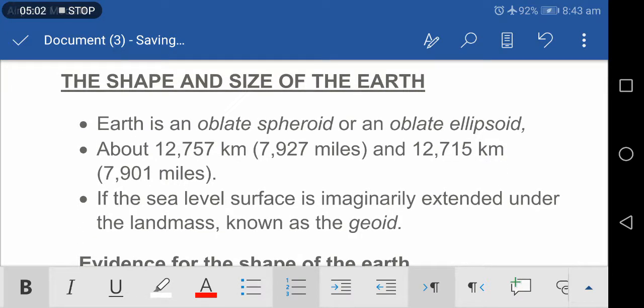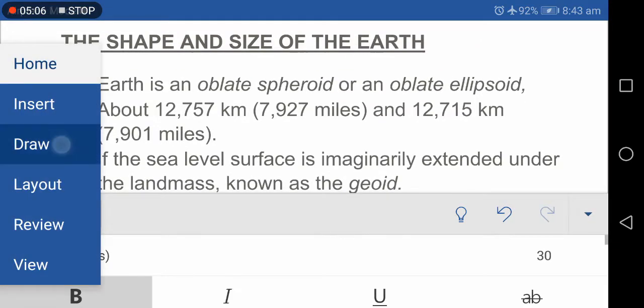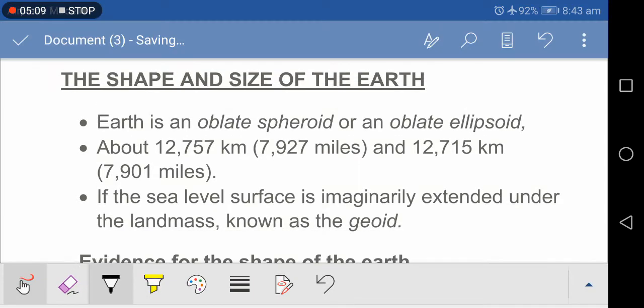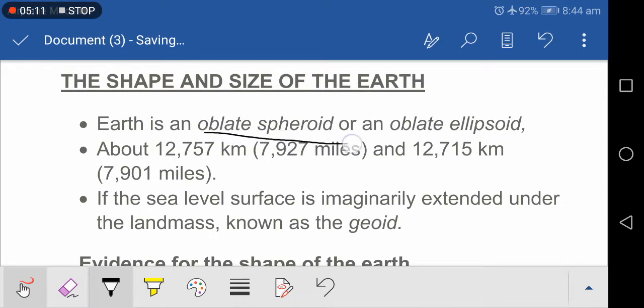Earth is an oblate spheroid, an oblate ellipsoid, with a slight compression at the poles and a slight bulge at the equator.